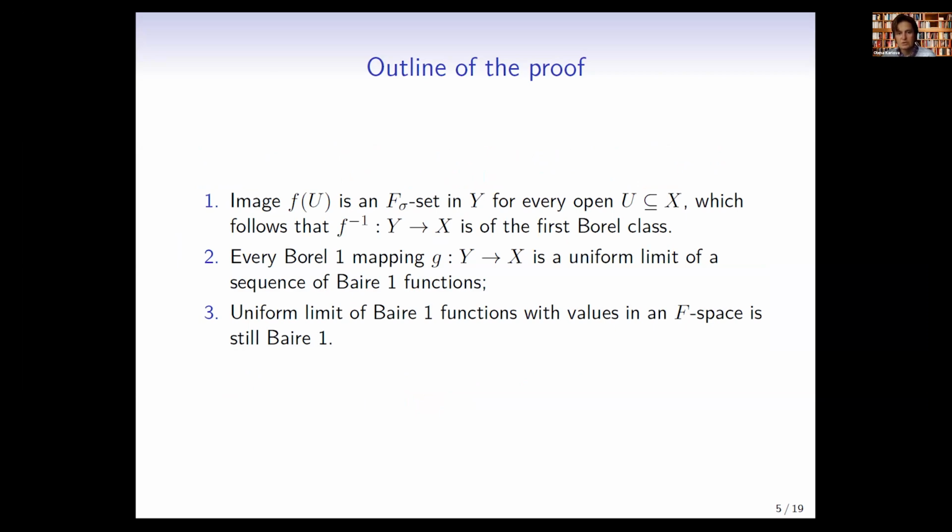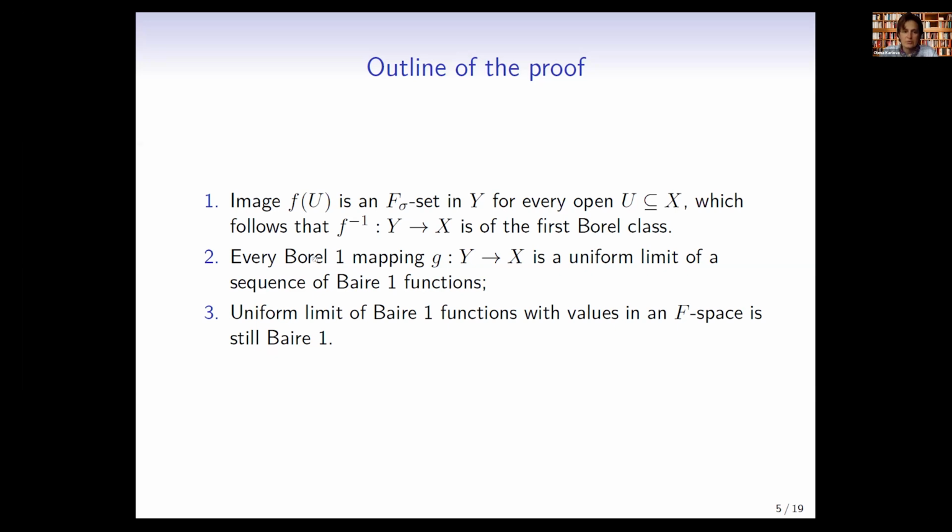The first step is to show that, and this fact is known, the image of an open set is of type sigma for every continuous bijection, and from this it follows that the inverse map is of the first Borel class.